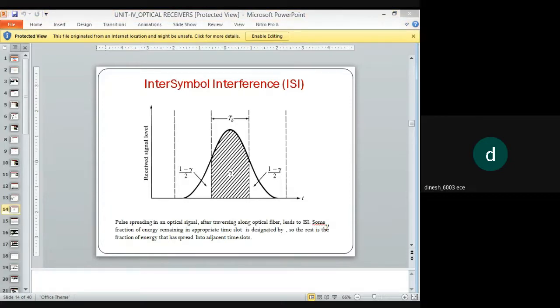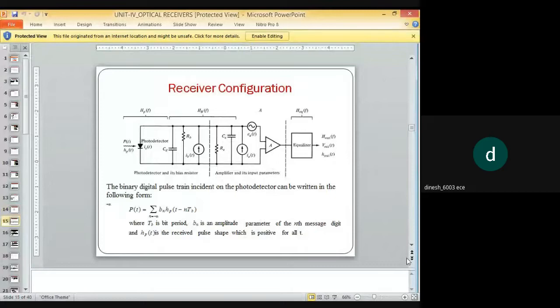The pulse spreading in an optical signal after traversing along the optical fiber leads to intersymbol interference. Some fraction of energy remains in the appropriate time slot, designated by the value gamma, and the rest is the fraction of the energy that has spread into the adjacent time slots. The receiver configuration again.